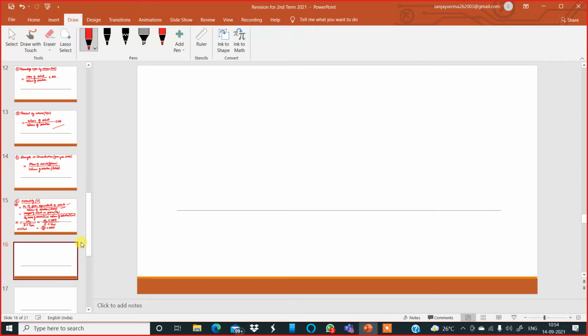Now there is one important equation under normality, which is called the normality equation. This normality equation is an expression which will relate the normalities and volumes of two reacting solutions.